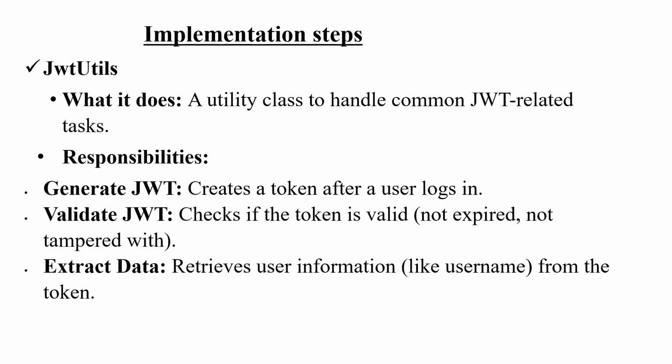A utility class to handle common JWT related tasks such as generating JWT, which creates a token after a user logs in; validating JWT, which checks if the token is valid, not expired, not tampered with; and extracting data, which retrieves user information like username from the token.